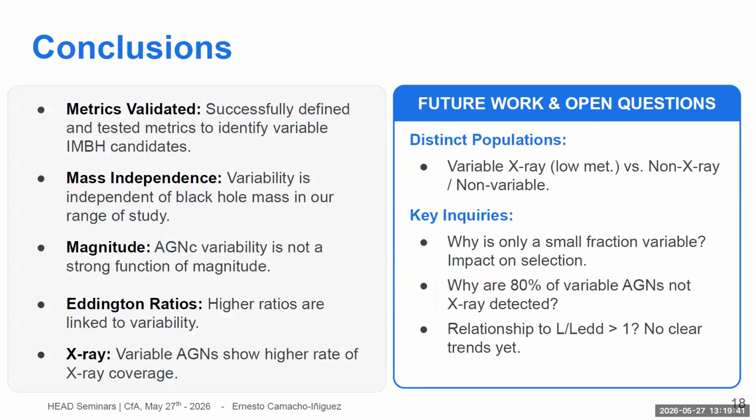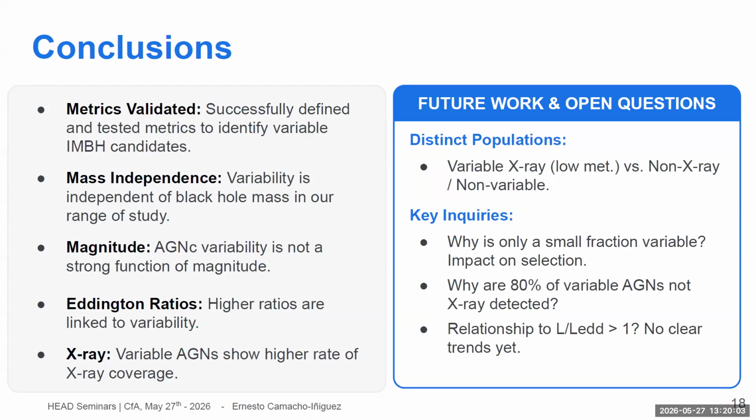So yeah, my conclusions here. Basically, we have successfully defined and tested variability metrics that allow us to separate variable from non-variable sources. And there are no dependencies so far, and I don't think there are going to be, between variability when we compare with mass and magnitudes.